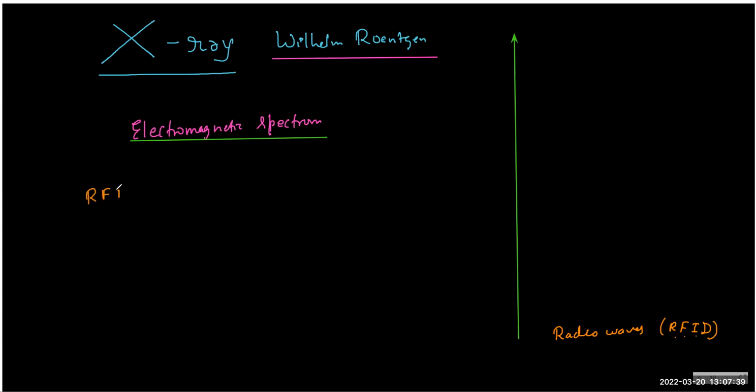You should know some names. If you know the FASTag, which is used in cars or any vehicle, FASTag works on RFID. In their hand, what you see is the scanner, which is the RFID, a low energy device.